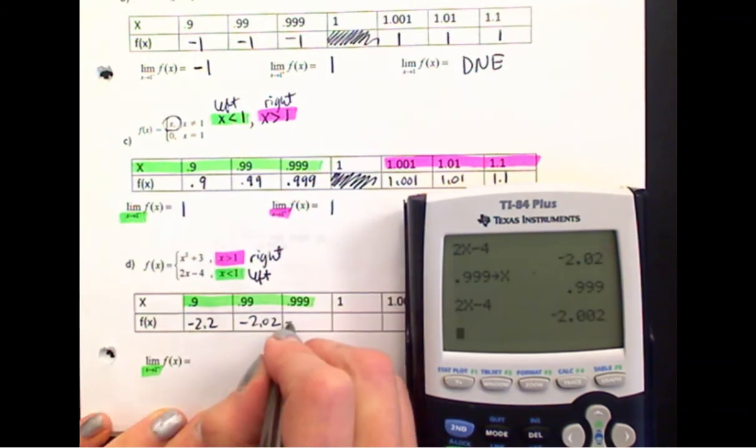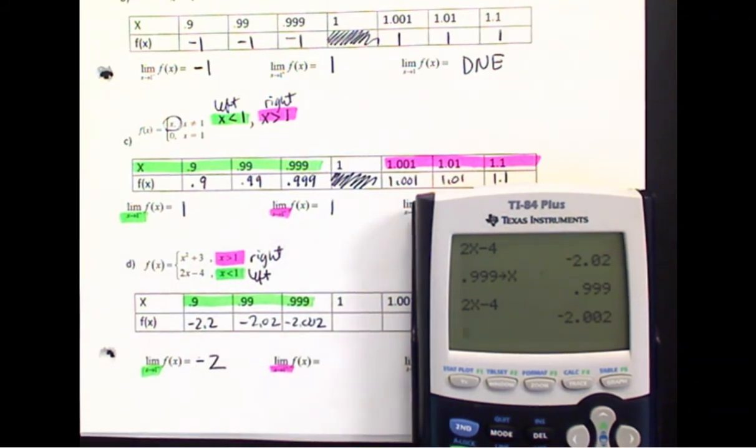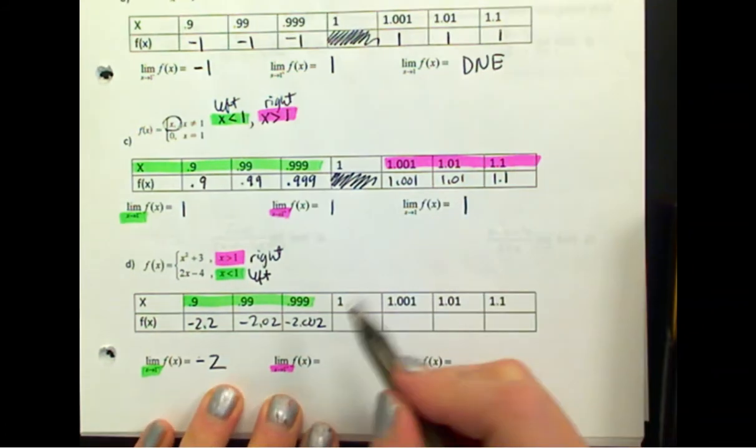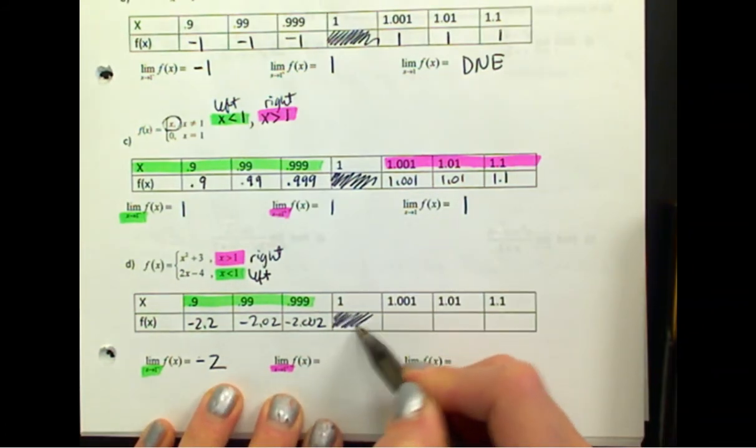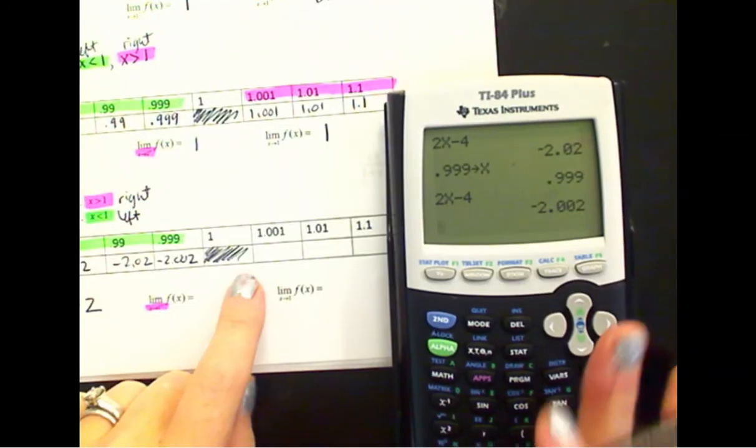Okay. I'm pretty certain, I feel confident saying negative 2. It looks like on the left, the numbers are getting closer to negative 2. Notice it's the y coordinate. Okay, now I'm going to do the right side.